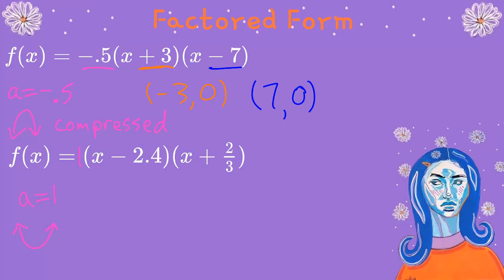If it were negative 1, it would also neither be stretched nor compressed, but it would be upside down. This tells me that I have an x-intercept at 2/5, 0, and this tells me that I have an x-intercept at negative 2/3, 0. Questions on factored form?